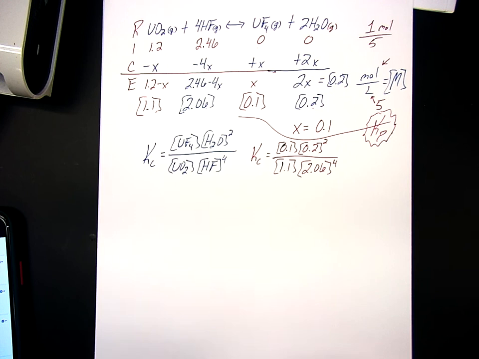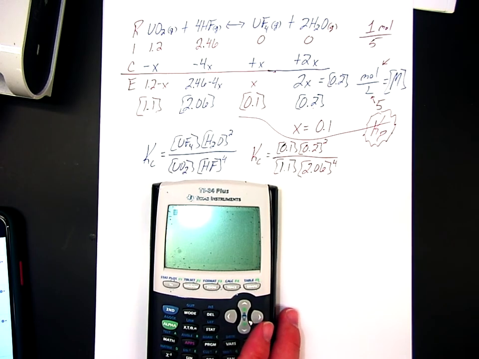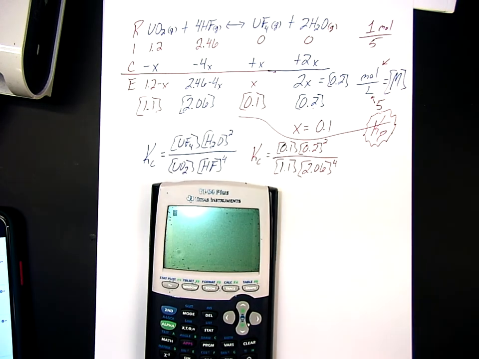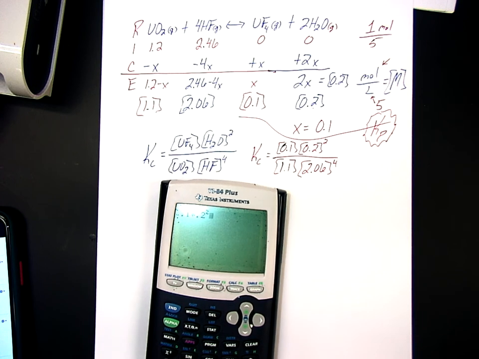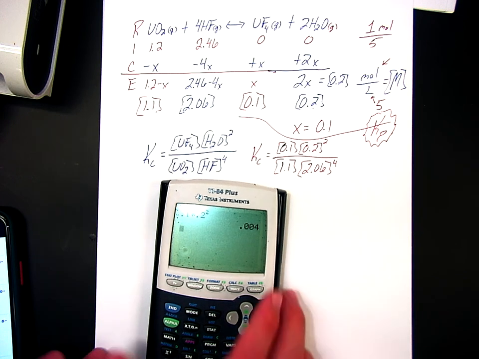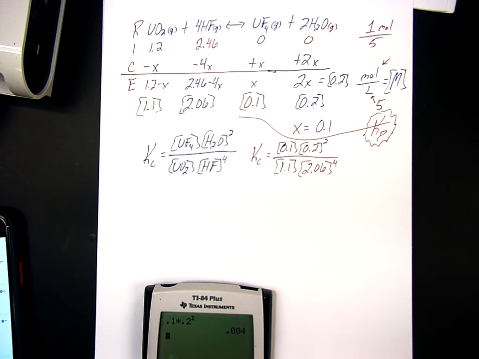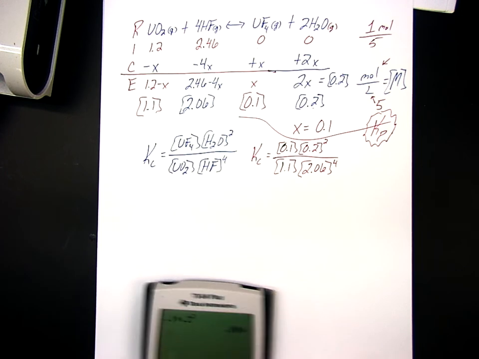All right, so there's a lot going on here. We could simplify this piece by piece. I'm going to go 0.1 times 0.2 squared, and I get a top number of 0.004.